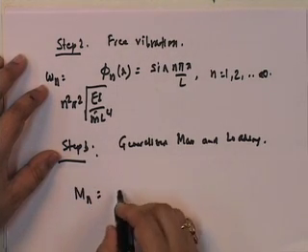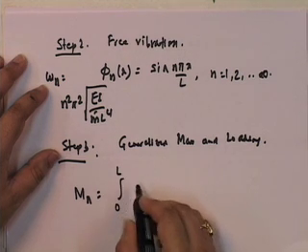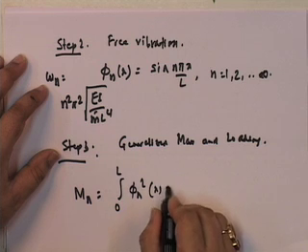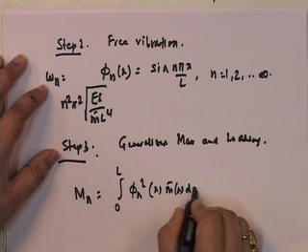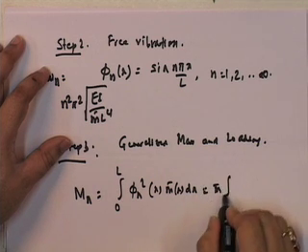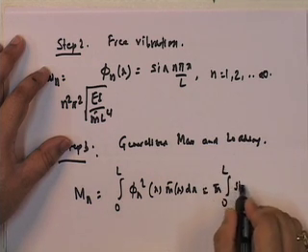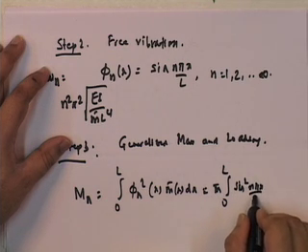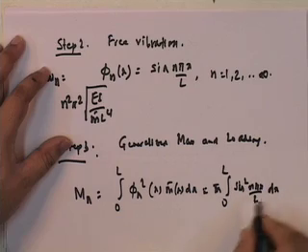M n is equal to the integral from 0 to L of phi n squared x m bar x dx. In this particular case, it is m bar times the integral from 0 to L of sine squared n pi x upon L dx.